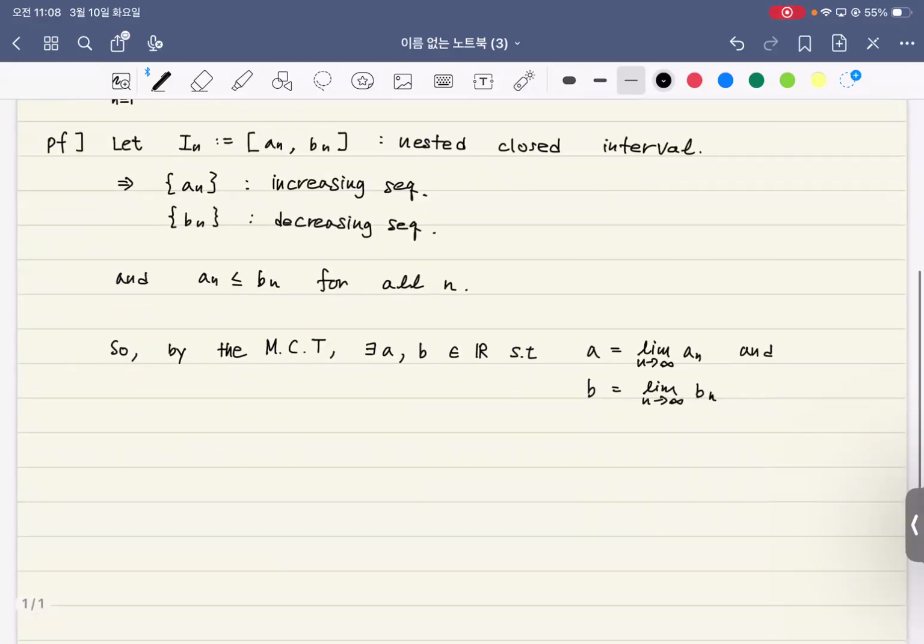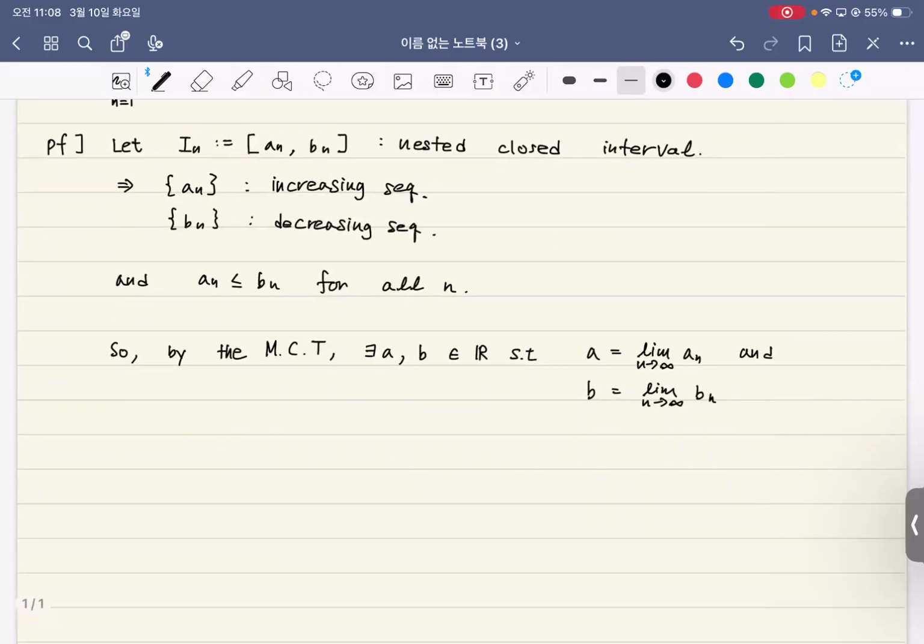And I want to claim that A is less than or equal to B, which is pretty obvious. But anyway, at least once in your lifetime, you need to see the proof of this. Why? Suppose not.